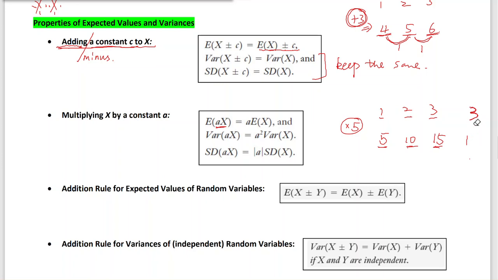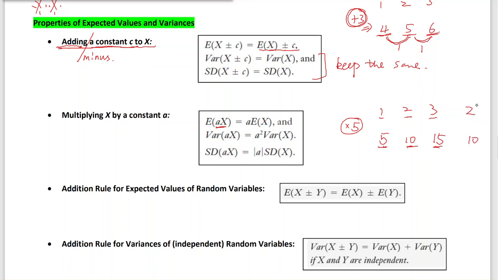Sorry, just the hand doesn't work. If we have 1 plus 2 plus 3, that would be 6. 6 divided by 3 would be 2. But if you have 5 plus 10, which is 15, 15 plus 15 will be 30. 30 divided by 3 will be 10.